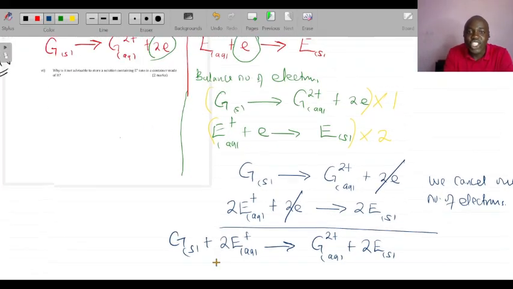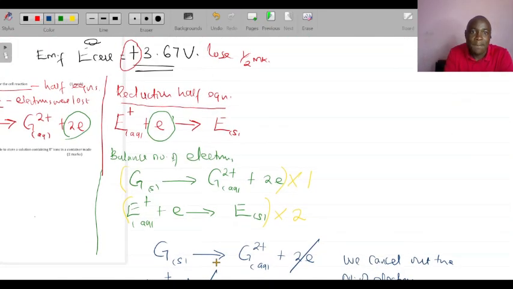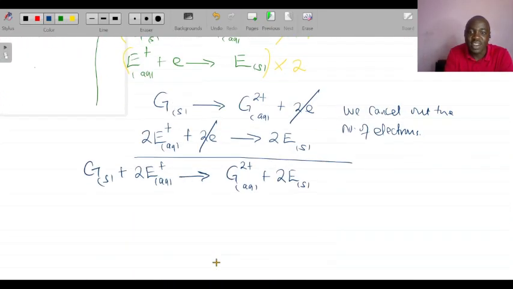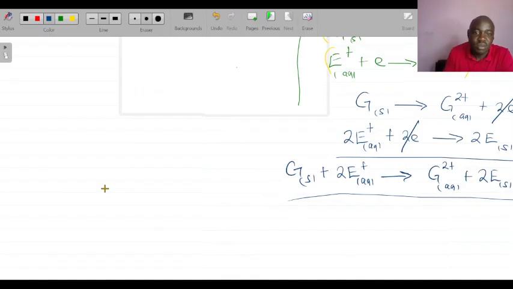So we must attach the EMF, which we found to be plus 3.67. So at the end, we attach our E naught of the cell, which is the EMF, plus 3.67 volts. And that becomes our cell reaction.